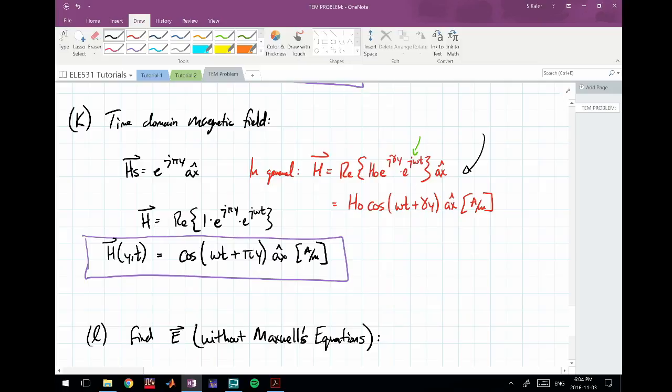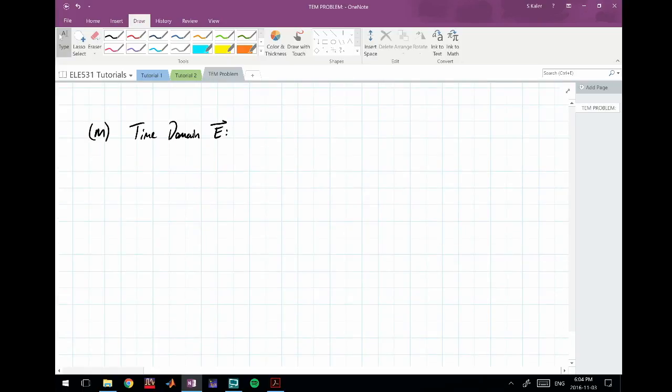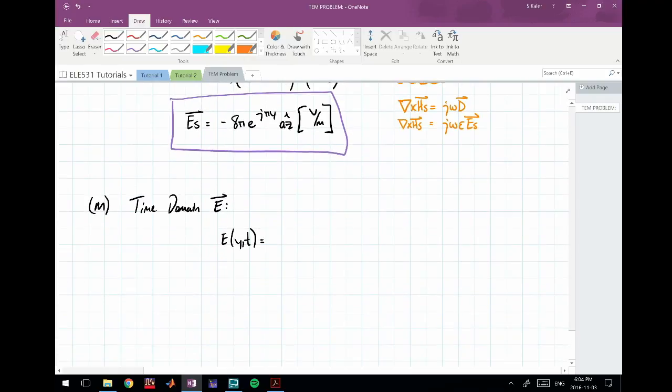This covers all cases. So any vectors you have that have this sort of time or complex dependence, you can use this relationship. So using the exact same relationship, I find that E of y, t, because like I said, it's varying with y, and it also has the time component.